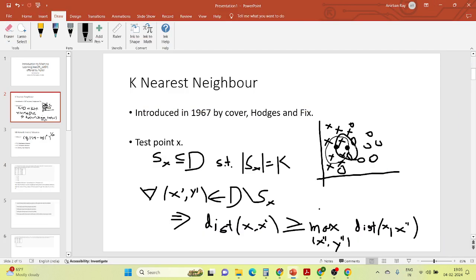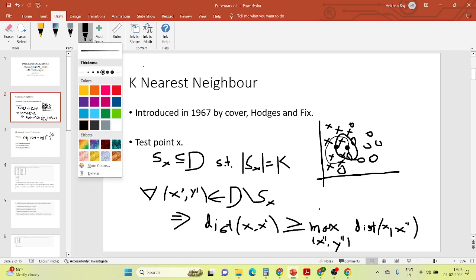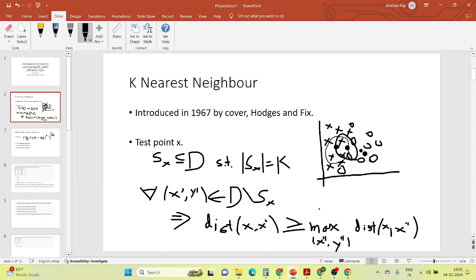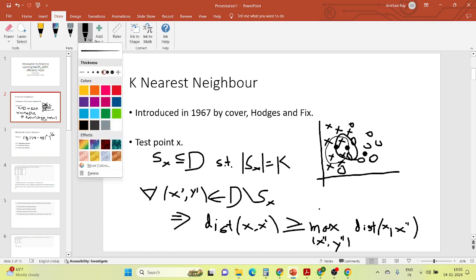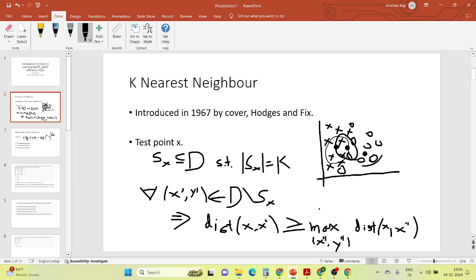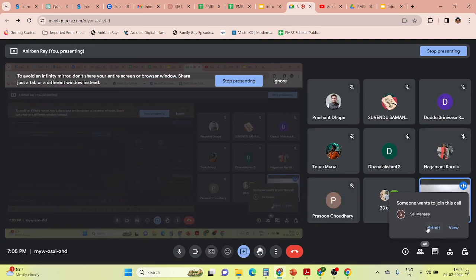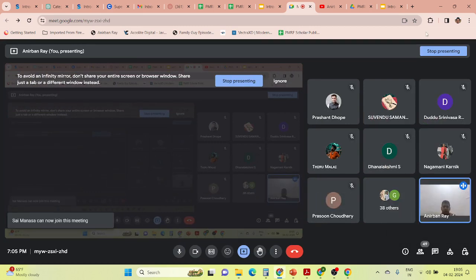And maybe a little far here, maybe a little unsure in this case, but still cross. And now suppose here. Given our k is 3, in this case zero, zero, zero, so it is zero. So this is the idea behind k nearest neighbor, and we are doing here a classification problem. It can also be used for regression.